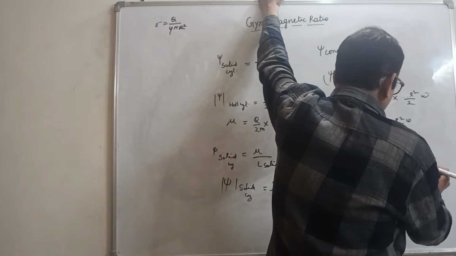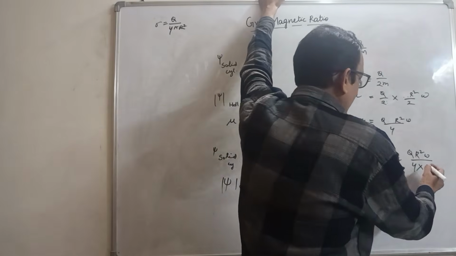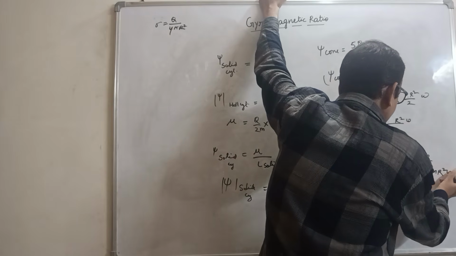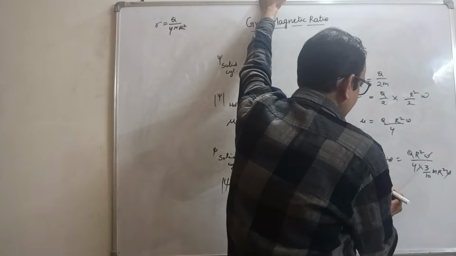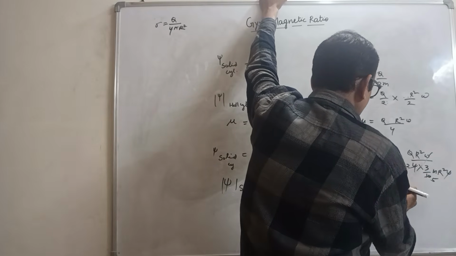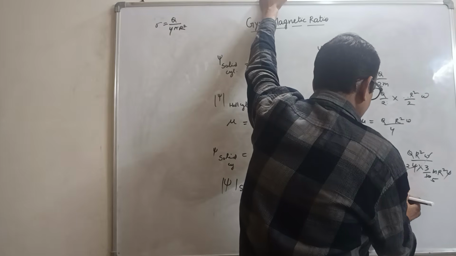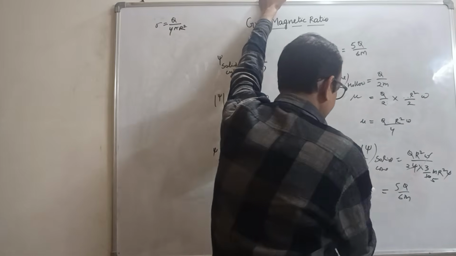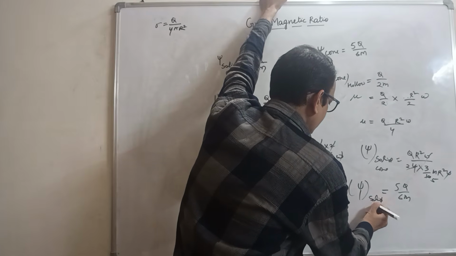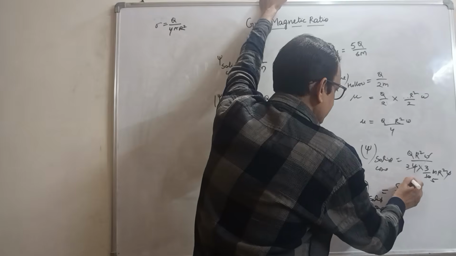The moment of inertia of the solid cone is 3 by 10 m r square into omega. So this becomes 5q by 6m. This is the gyromagnetic ratio for the solid cone.